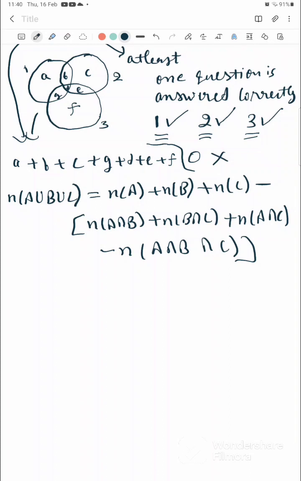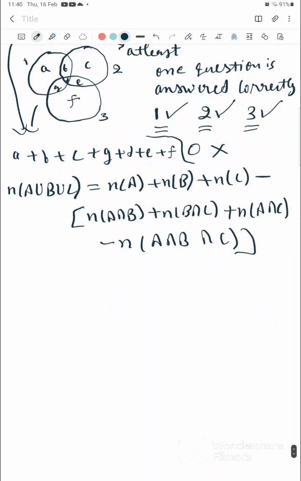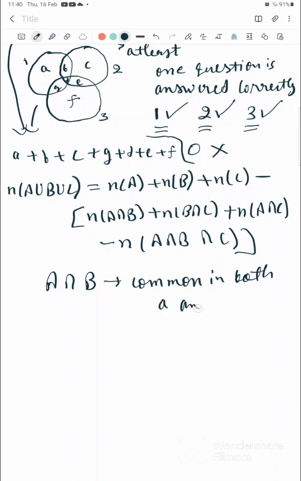Okay. A intersection B means common in both A and B. So that is B only.